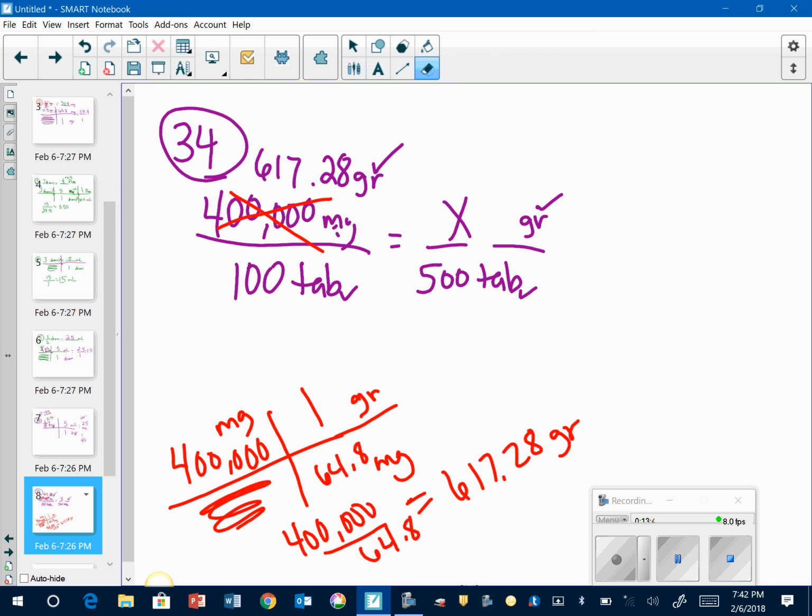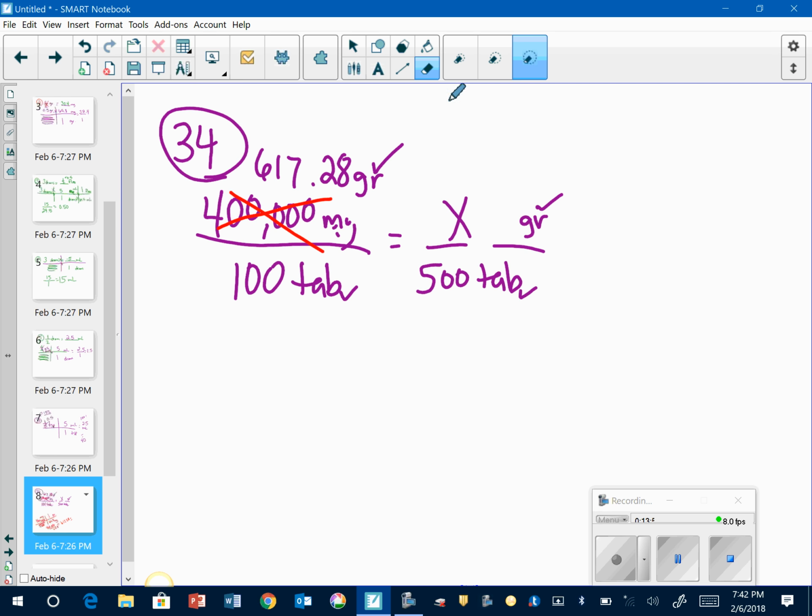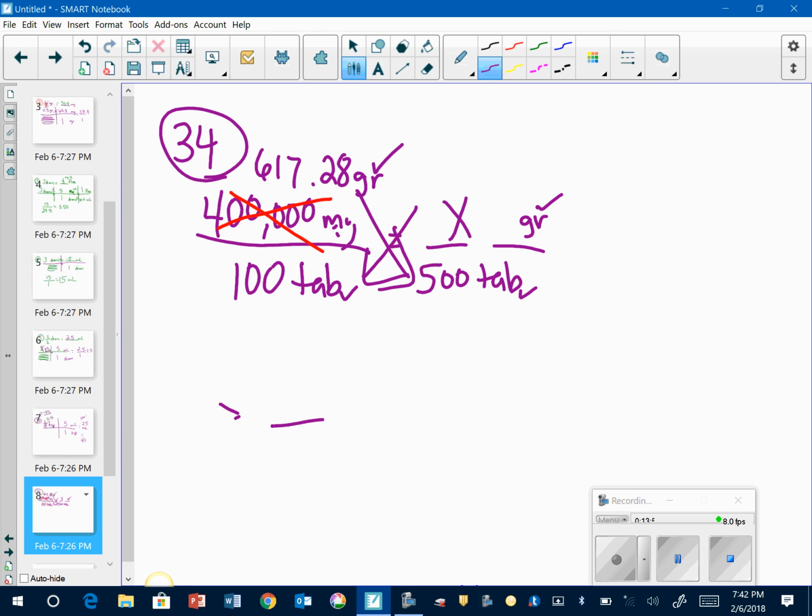Okay. So now I'm going to erase this down here so I have enough room. Okay, so now I can solve. So then you just cross multiply. X times 100 goes on the bottom, because whatever you multiply by the X always goes on the bottom.